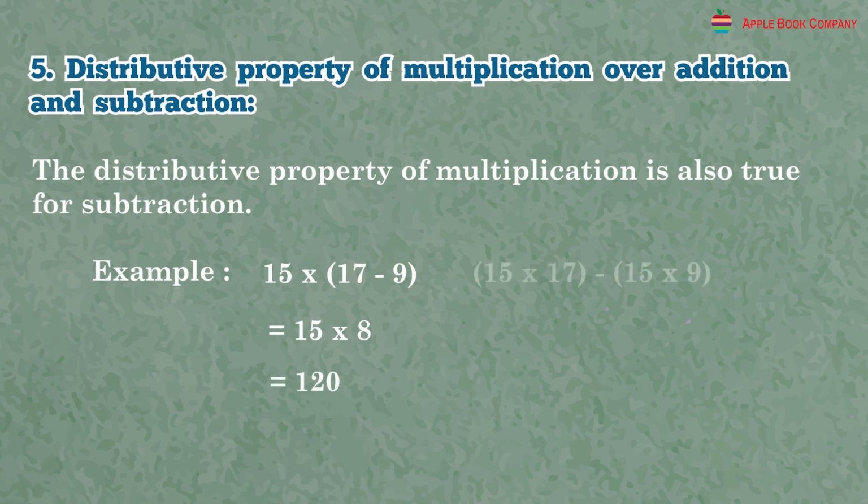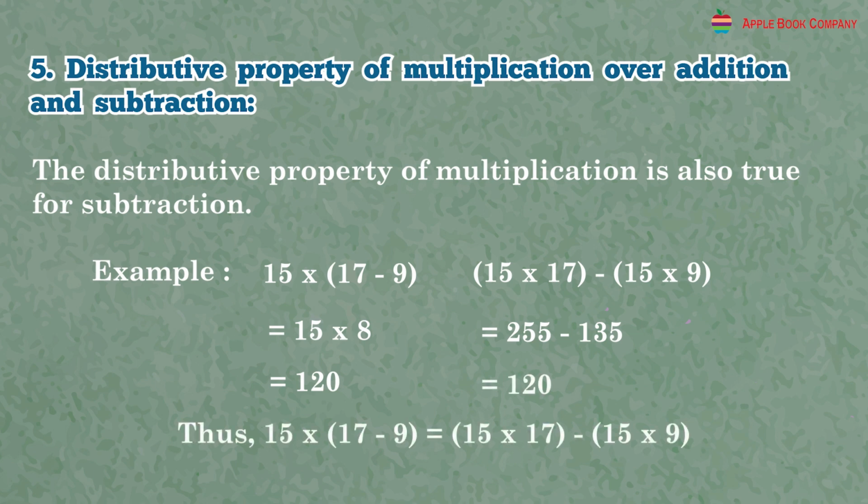Similarly, 15 multiplied by 17 minus 15 multiplied by 9 is equal to 255 minus 135, which is also equal to 120. Thus, 15 multiplied by 17 minus 9 is equal to 15 multiplied by 17 minus 15 multiplied by 9.